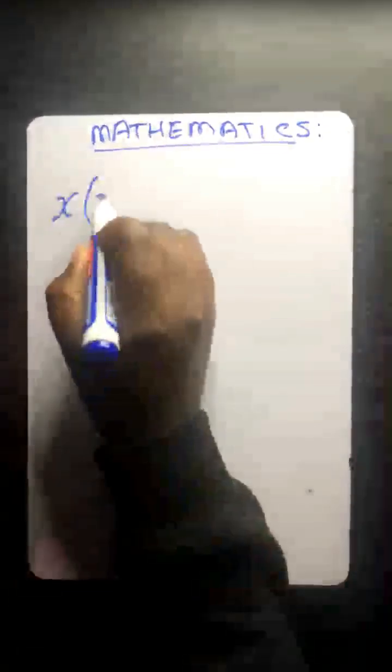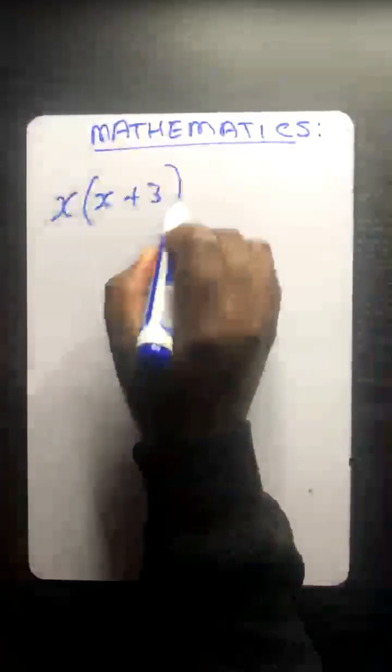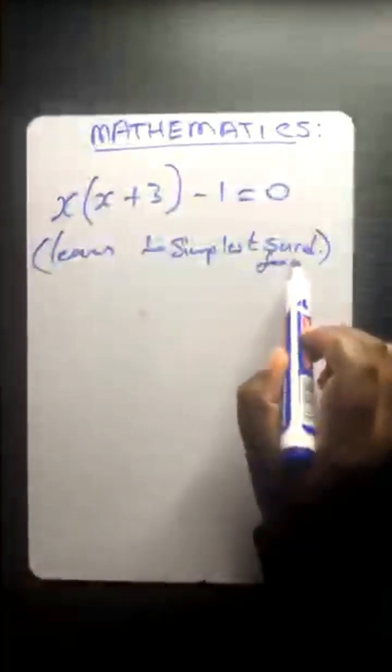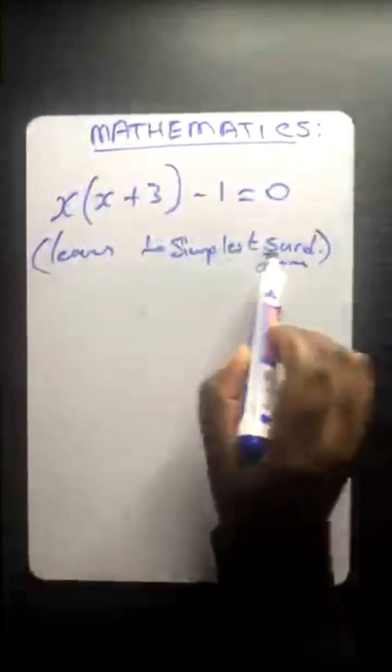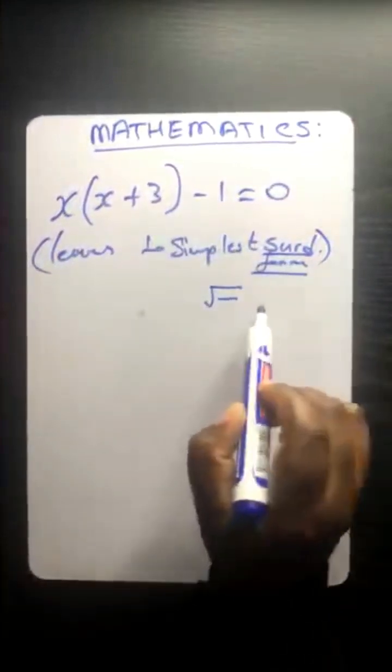This one, and they say, leave 2. Here they say simplest surd form. The words surd form mean leave it in the form of a square root and not as a decimal.